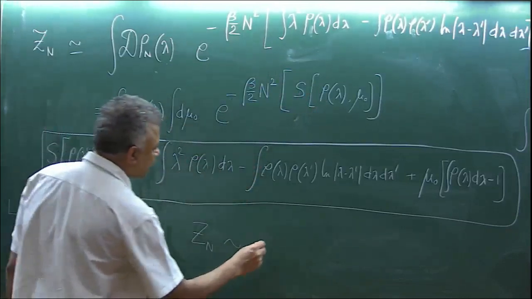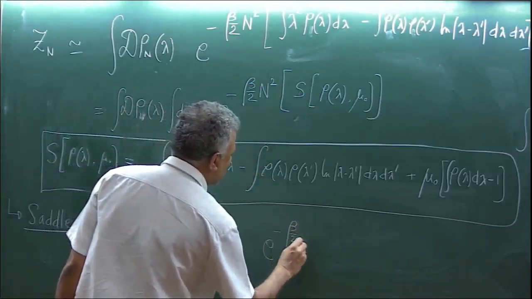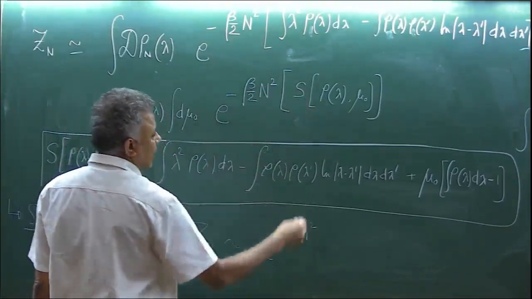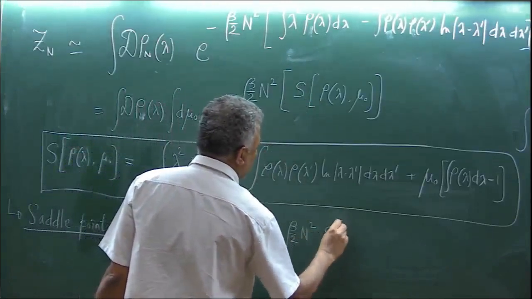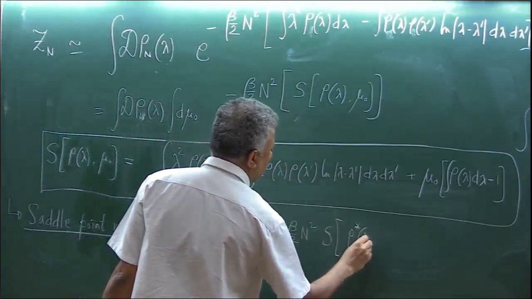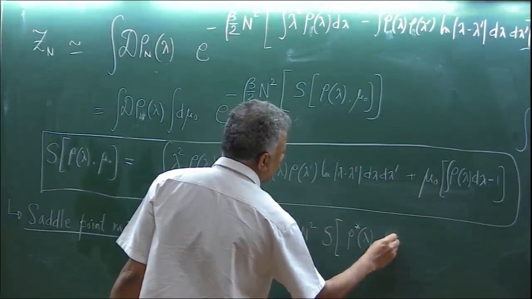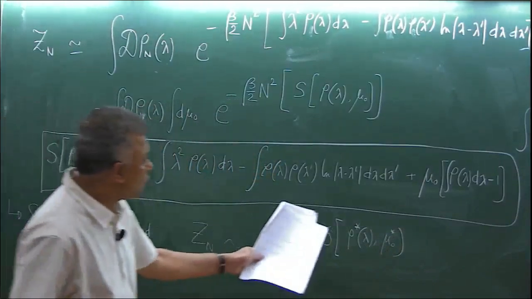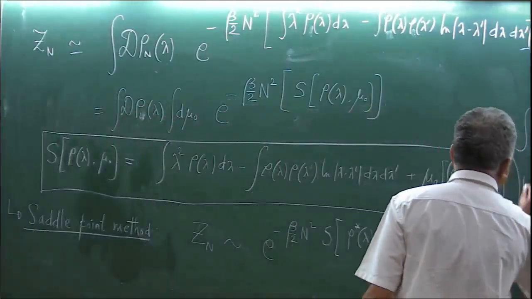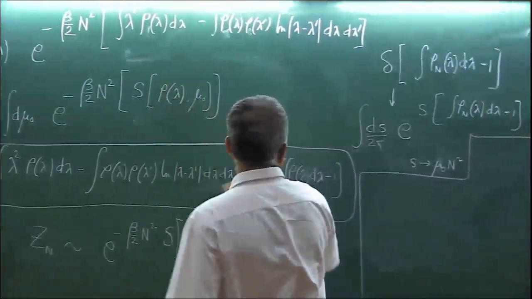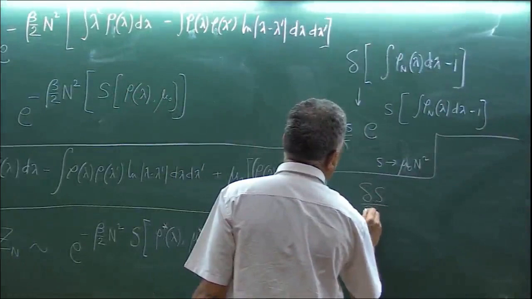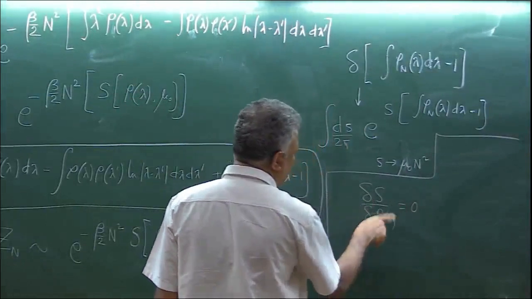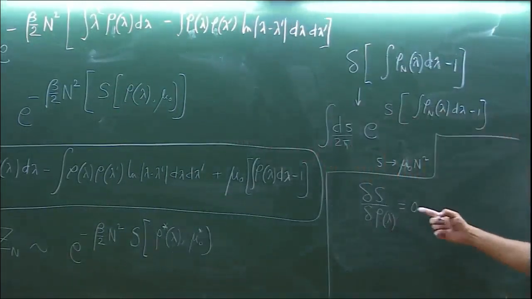So in the saddle point approximation, you just replace this integral by its saddle point value, which is S of rho star of lambda, mu naught star, where rho star lambda and mu naught star are such that you make it a minimum. That means you take the functional derivative with respect to rho lambda equal to 0, solve for rho lambda, and that gives you the saddle point value rho star of lambda.